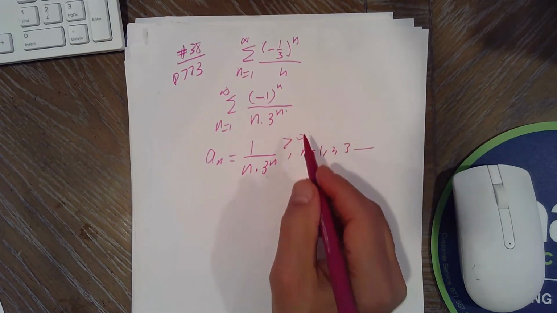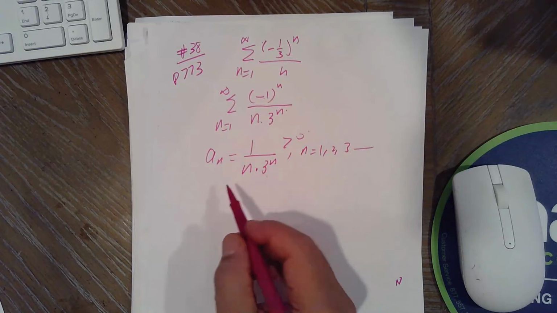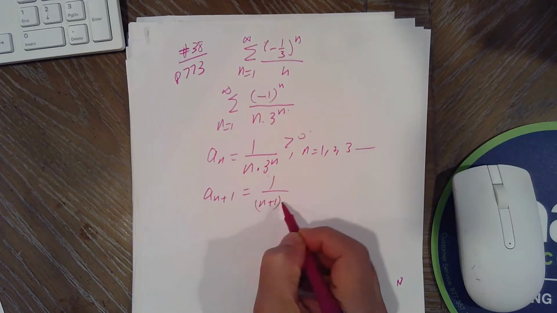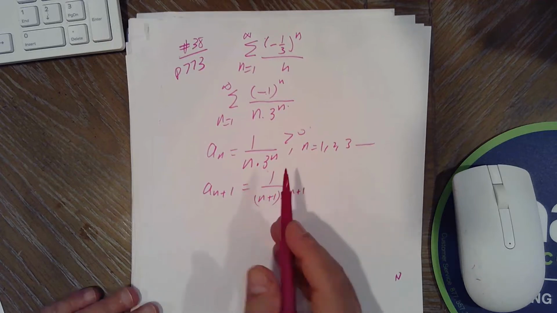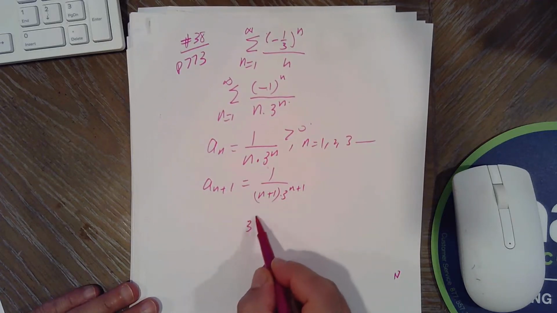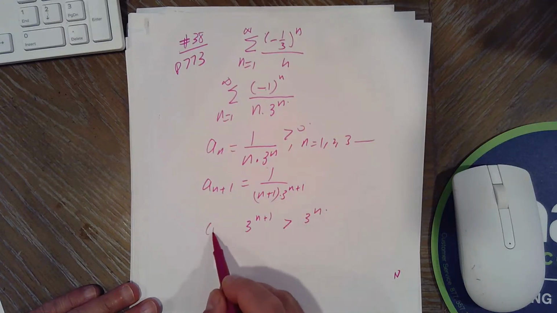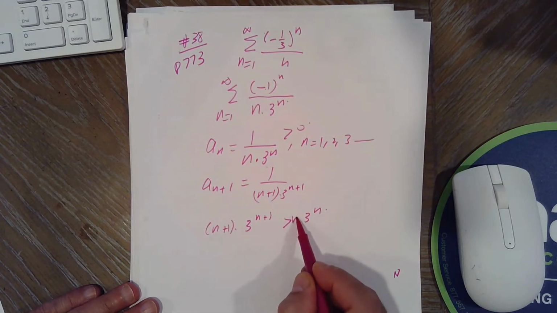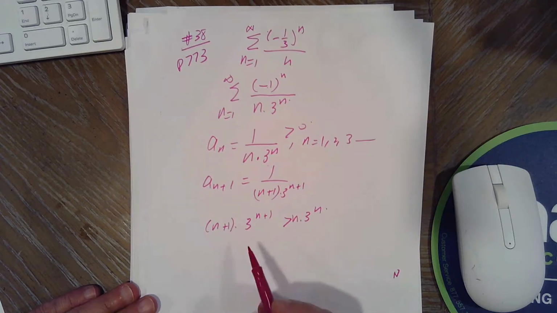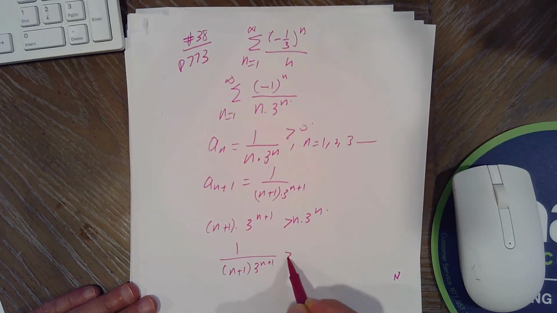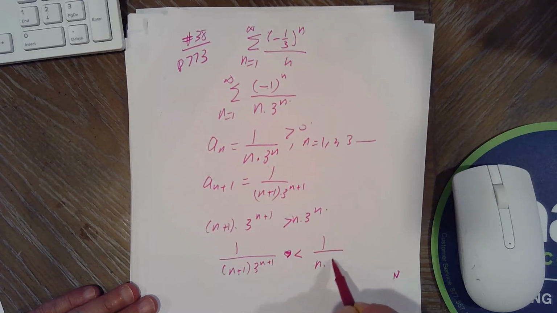An is obviously positive, and if you do the next term, it's going to be 1 over n plus 1 times 3 to the n plus 1, which obviously is greater than 3 to the n. And if you multiply this by n plus 1 and that by n, it would still be greater. So 1 over that is less than 1 over n times 3 to the n.